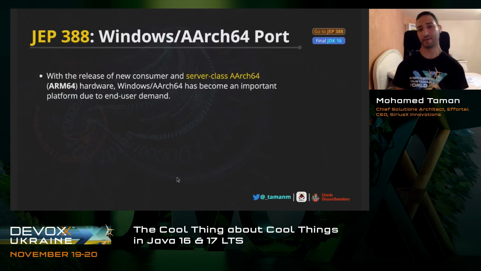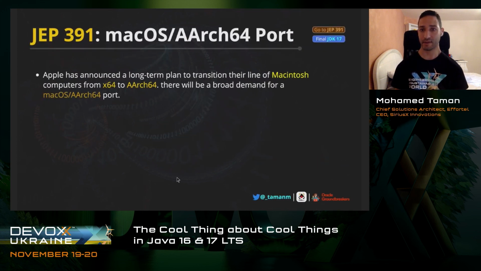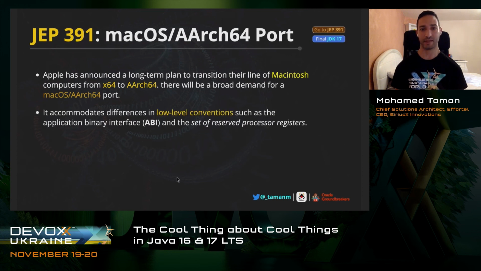And we have similar support for Windows, supporting the server-class architecture, so we have a port for that, as well as the new architecture for macOS. So we are supporting all the major operating systems and all the types of operating system that you can imagine. So Java runs everywhere and supports anywhere.